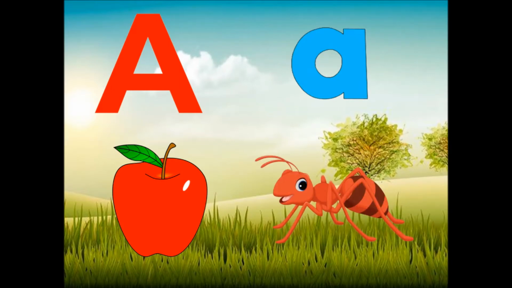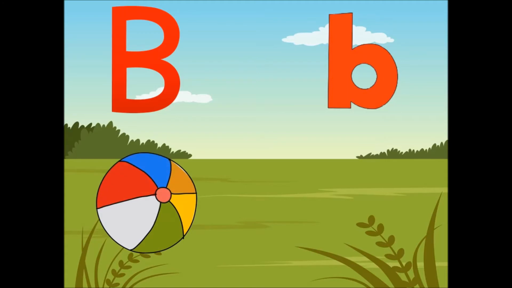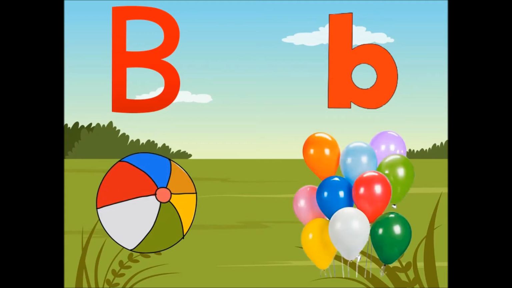A for ant. This is the letter B. This is capital letter B. This is small letter B. B phonic sound is ba. B for ball. B for balloon.